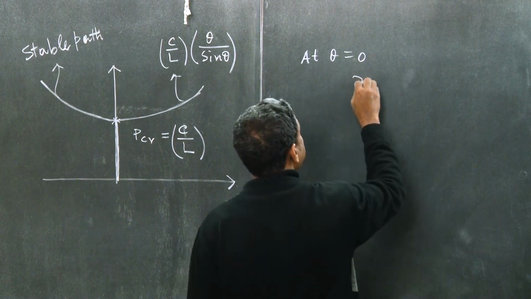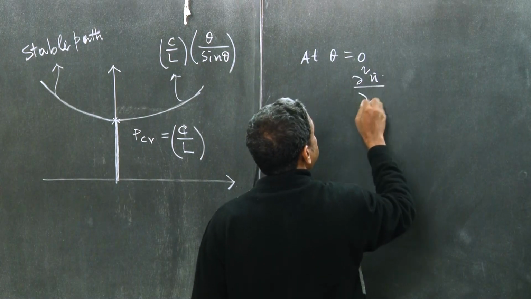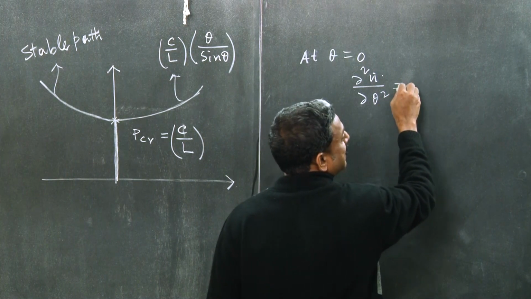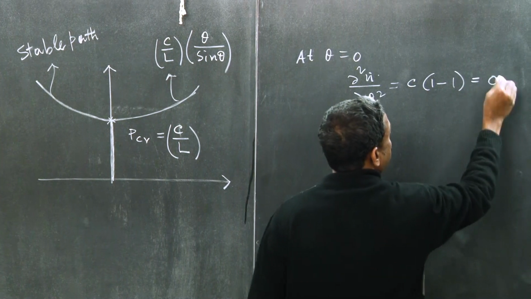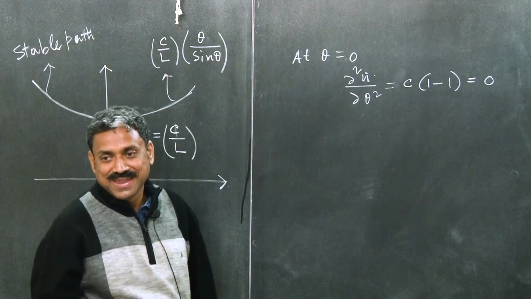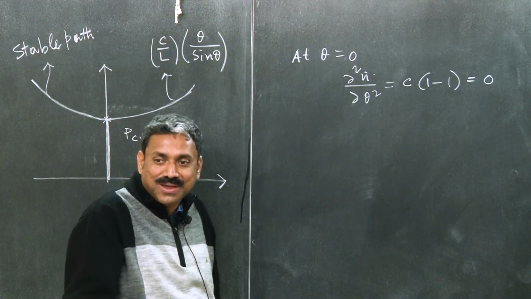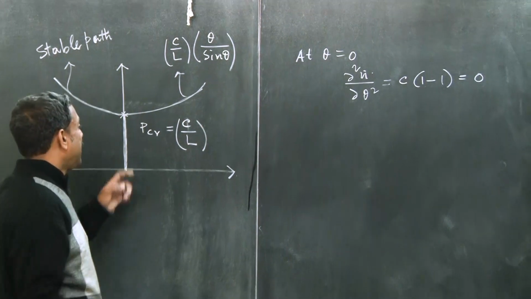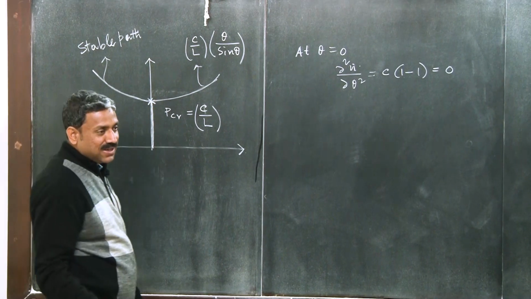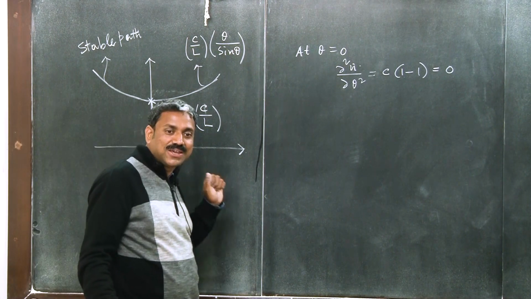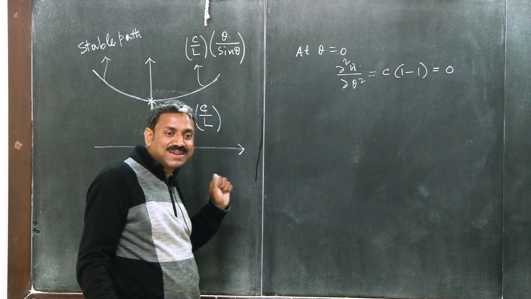So del 2 pi del theta 2 is basically C times 1 minus 1, which is 0. So that means at theta equal to 0, you don't know the configuration. Theta equal to 0 means when P critical is equal to C by L, this is the critical load. You don't know the nature of the equilibrium where P critical is reached.